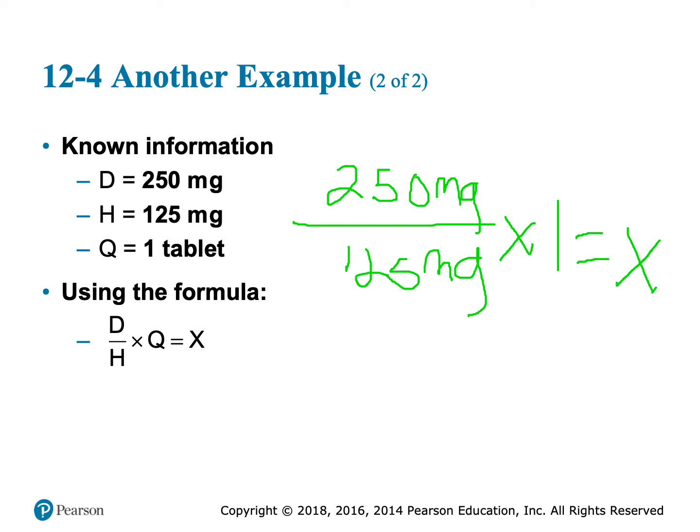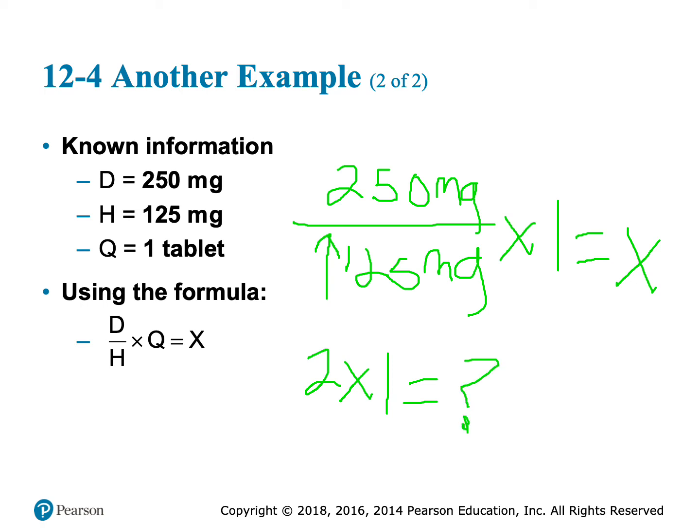So now we're going to solve our problem. And to do this, first we need to deal with the 250 milligrams over 125 milligrams. We're going to simply divide 125 into 250. And when we do that, we get 2. All right, and then we've taken care of that. Now let's look at what the rest of our problem is. 2 times 1 is going to equal our unknown, right?